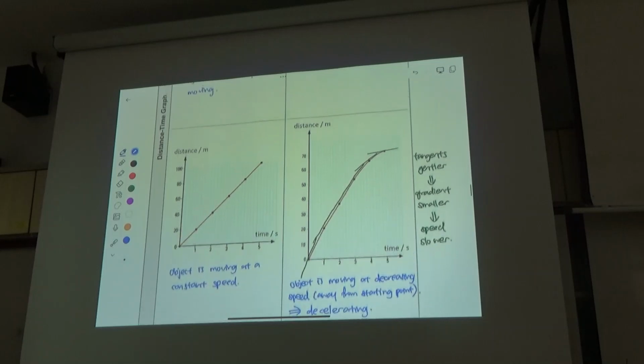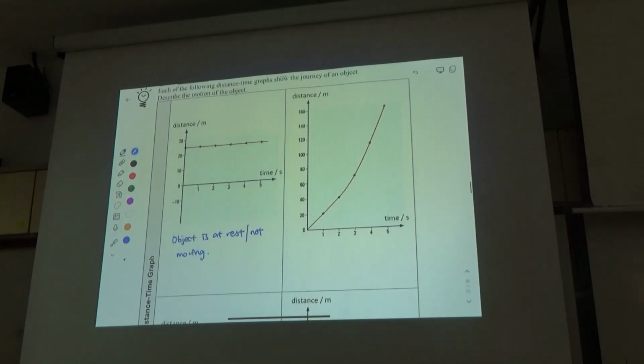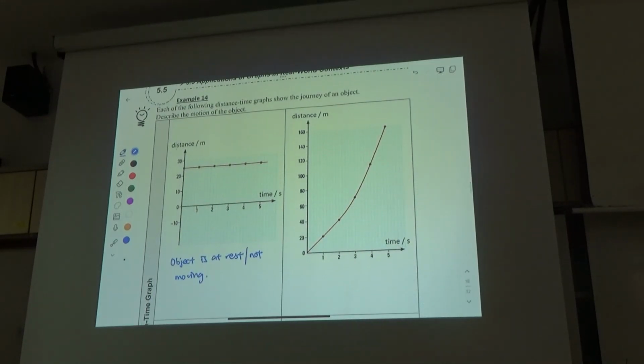Okay? Then going back up to this one here. So again, we observe the tangents. It starts off maybe being like that, then after that being this way. Okay, and then after that we observe that your tangents are getting steeper, which means that your gradient is getting greater in value.